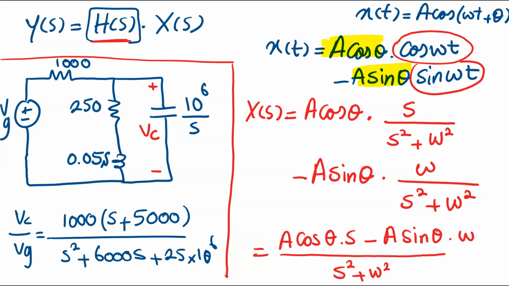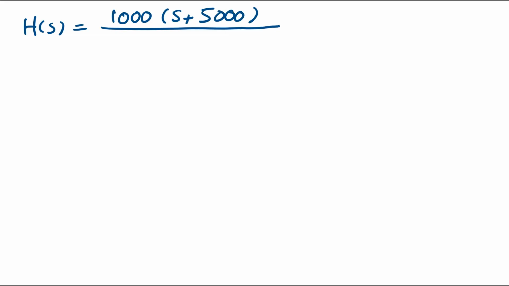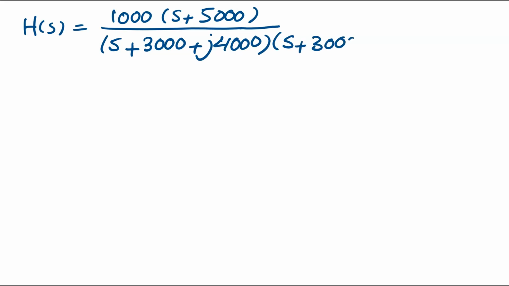Okay, now I'm going to rewrite this, but I want to bring the denominator into its factors. So our H(s) can be described as 1000 multiplied by (s plus 5000), over (s plus 3000 plus j4000) multiplied by (s plus 3000 minus j4000).